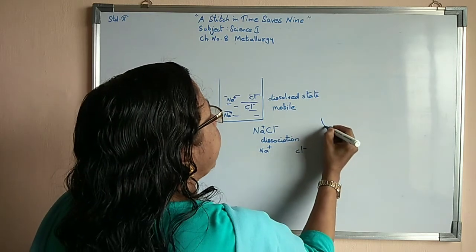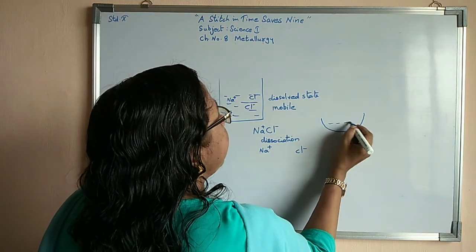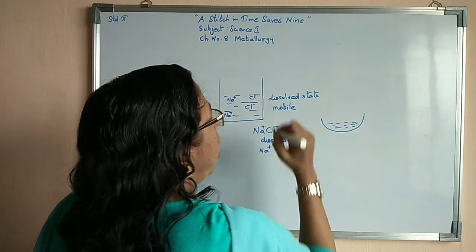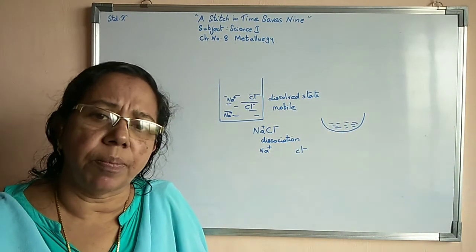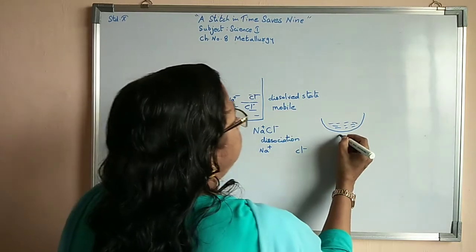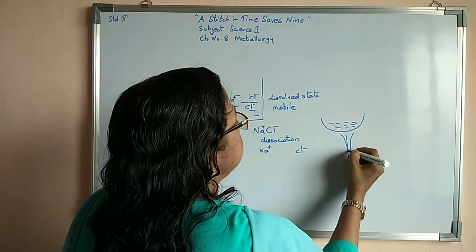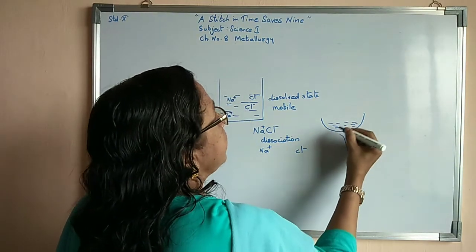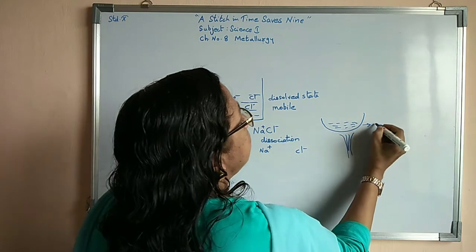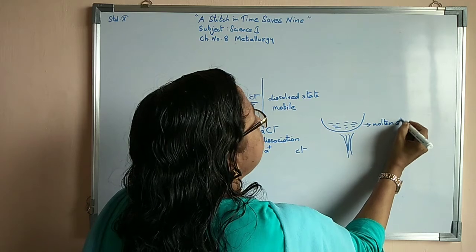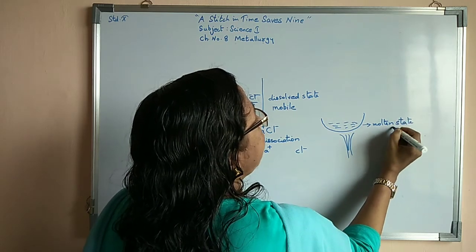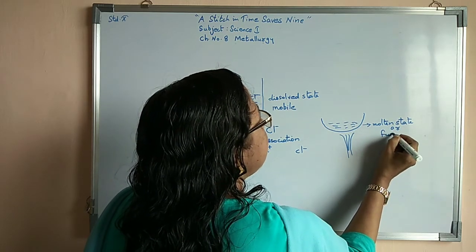Now suppose you are taking a container, in that we are taking some quantity of sodium chloride or any ionic compound. Then if we heat it, it will melt. Then which state will it be in? Molten state, or we can say fused state.